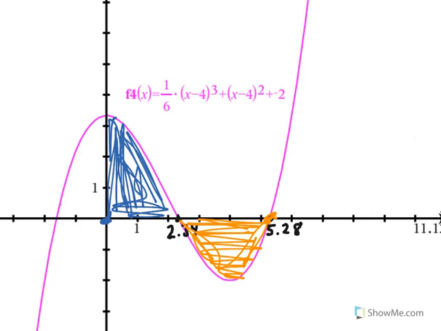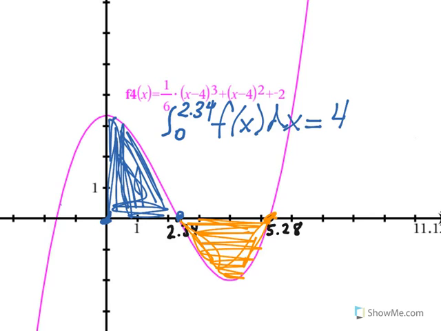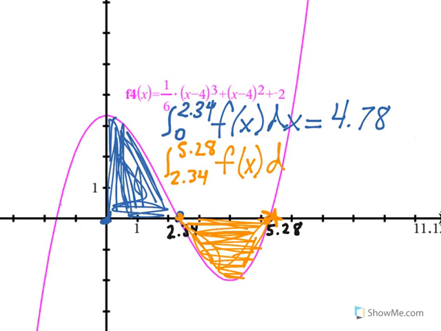For the blue section, we'd need the integral from 0 to 2.34, which is this point here, of our equation f of x dx, and that comes out to be 4.78. And then we also need this yellow section, so that's the integral from 2.34 to 5.28, right here, of our equation dx.